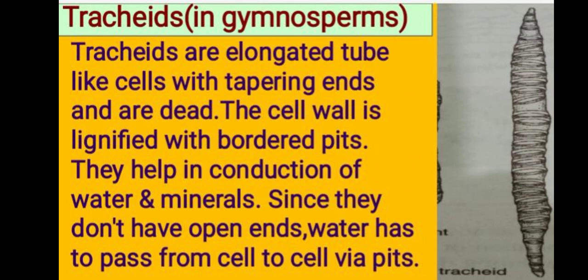Tracheids are elongated tube-like cells with tapering ends and are dead. The cell wall is lignified with bordered pits. They help in conduction of water and minerals. Since they do not have open ends, water has to pass from cell to cell via pits.